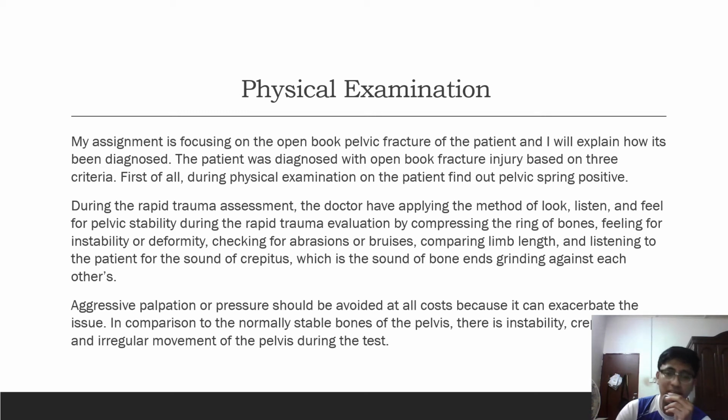Aggressive palpation or pressure should be avoided at all costs because it can exacerbate the issue. In comparison to normally stable pelvic bones, there is instability, crepitus, and irregular movement of the pelvis during the test conducted on him.